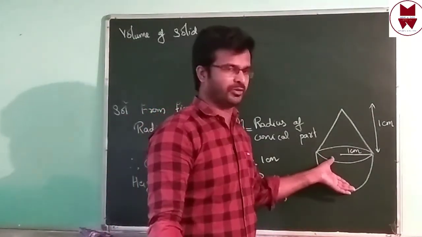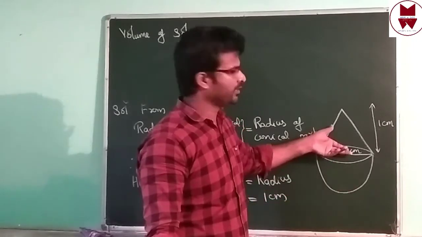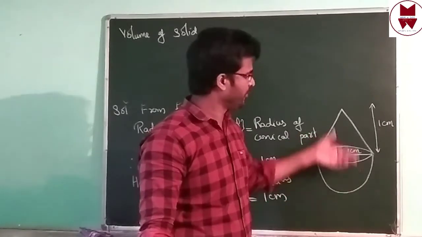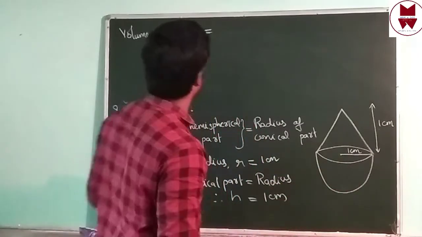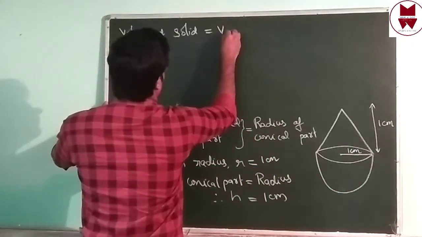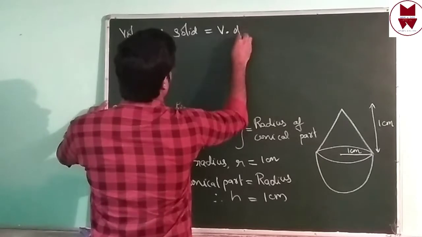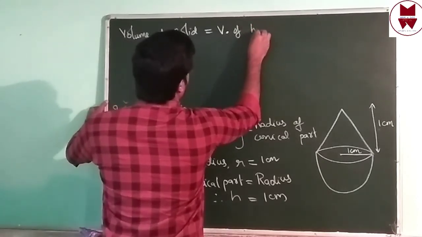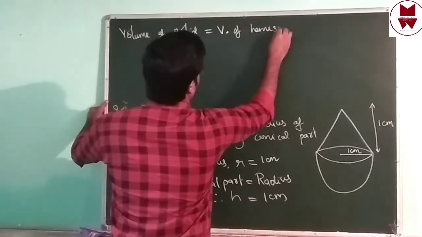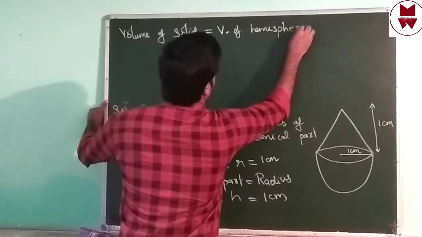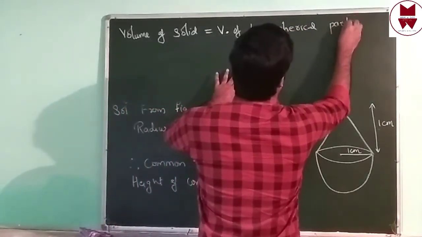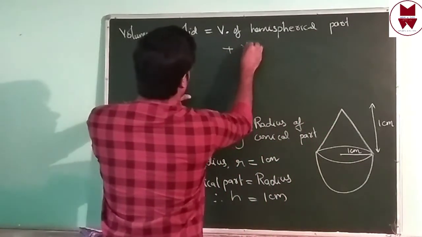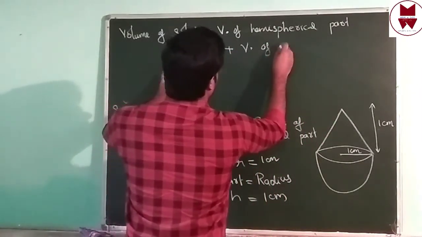First we will find out volume of hemisphere plus volume of cone, isn't it? If you add both volumes, you will get volume of total solid. Then we can write V. V means volume. Volume of hemispherical part plus volume of conical part.